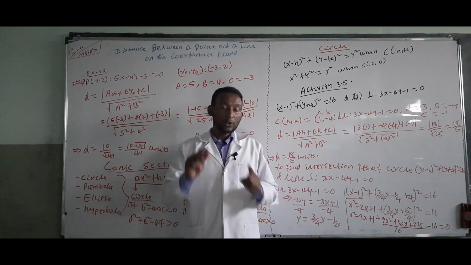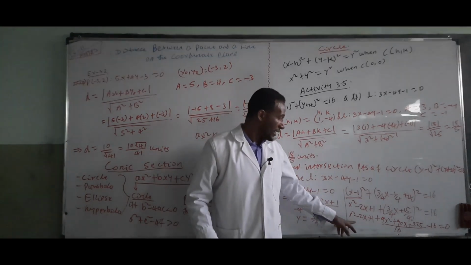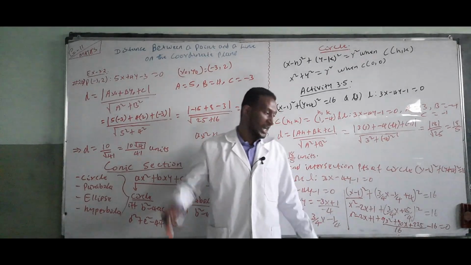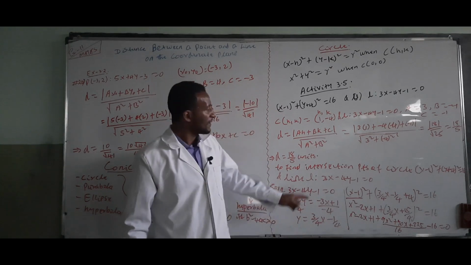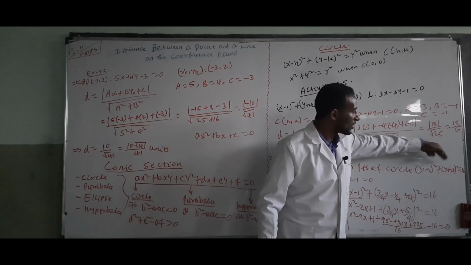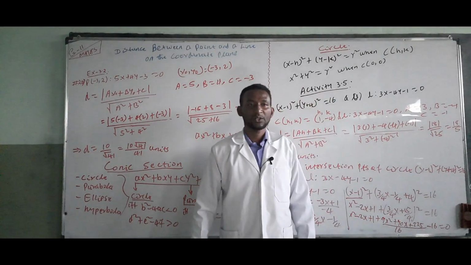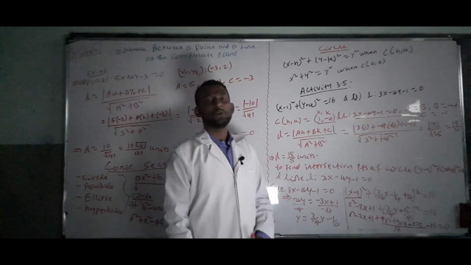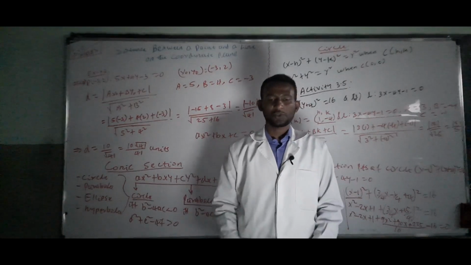When you write the intersection point, the value of x is written as the first coordinate, and you can substitute the value of x in this equation, then solve for y, then you can get the second coordinate of the intersection point.